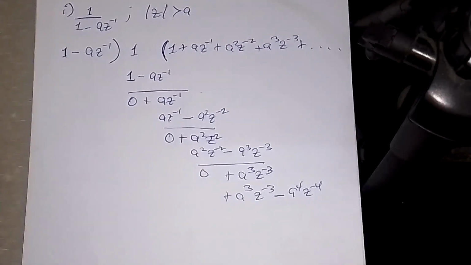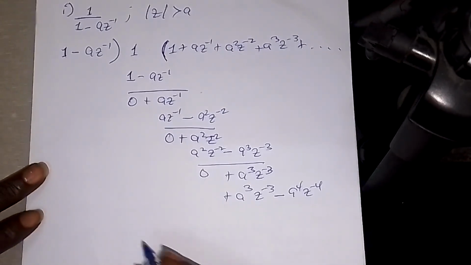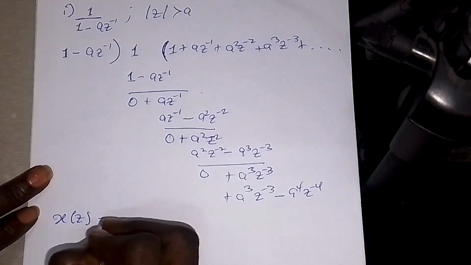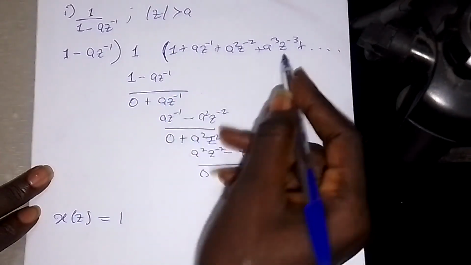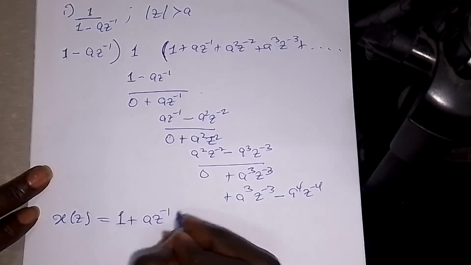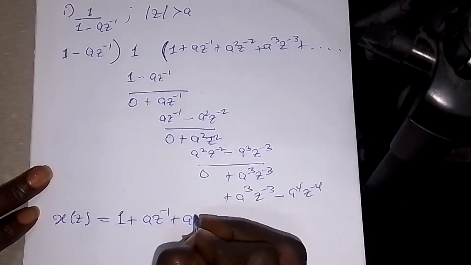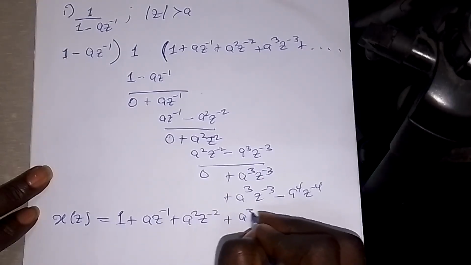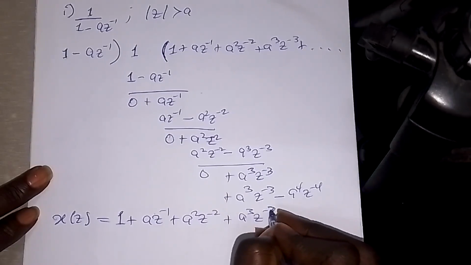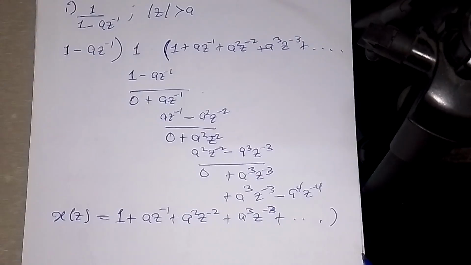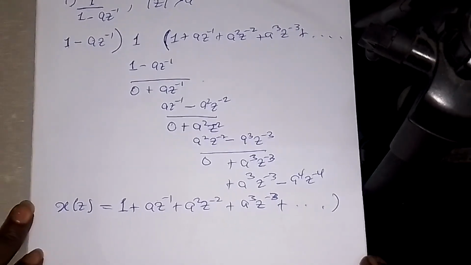So now my series here, X of z, is going to be this answer. It will be 1 plus a z to the minus 1 plus a squared z to the minus 2 plus a cube z to the minus 3 plus it goes on to infinity. All right, now what will be my x of n?